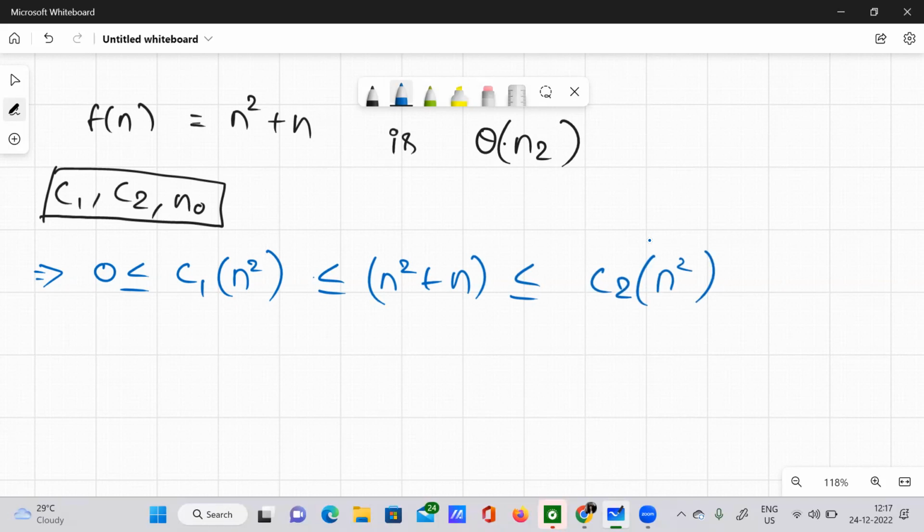This equation is very much similar to the previous one. The difference lies in the terms: earlier we used T of n, but now the term is n square plus n. So c1 and c2 are the earlier constants.